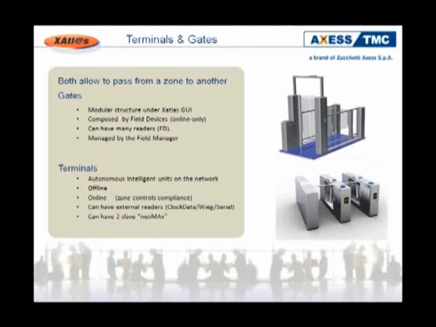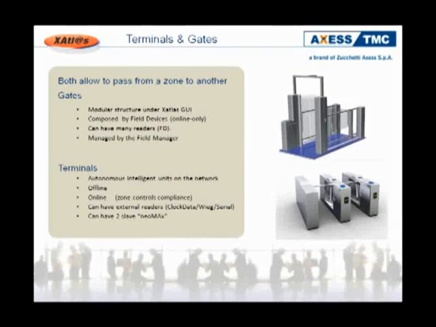Of course, if a terminal works offline, you lose the possibility to have the system reacting to events happening to the terminal, and you also lose the possibility to have events related to the zone. Zone controls, what we call the zone capacity.